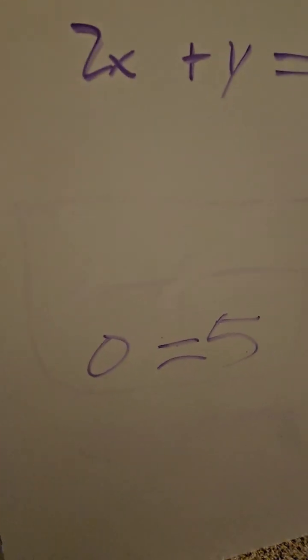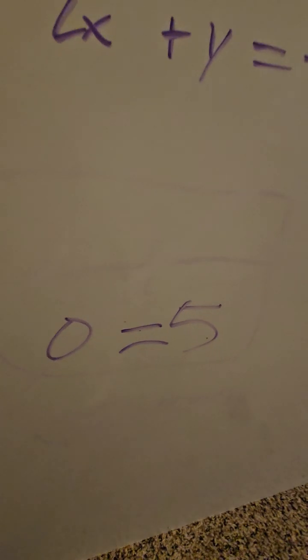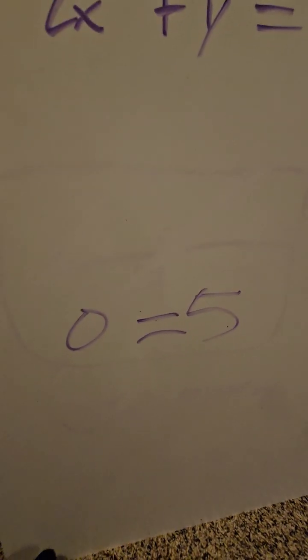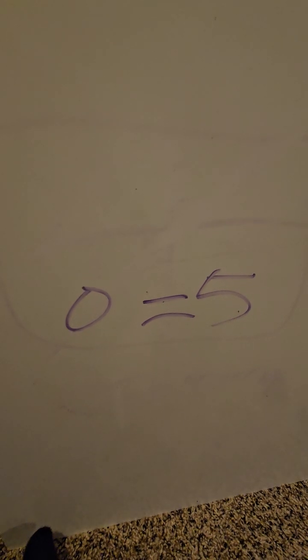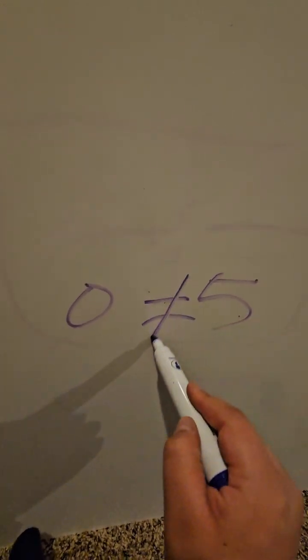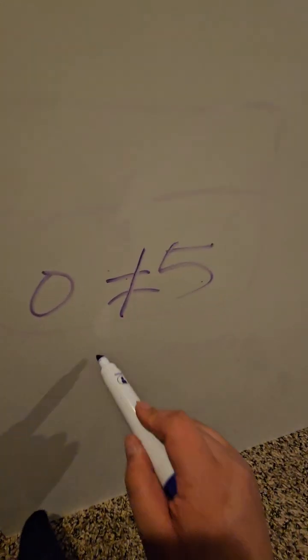That is not a true statement. 0 does not equal 5. And you're like, oh no, did I mess up? So you go back, you redo your work, and you still get 0 equals 5. And you're like, well, okay. I can't seem to find the solution, and this is not a true statement. So there's no solution.